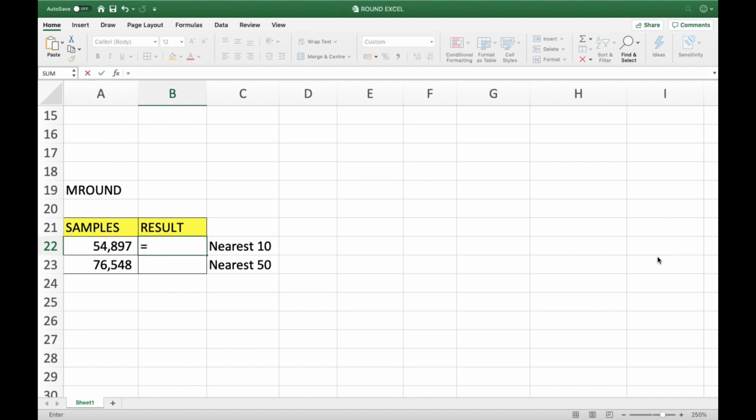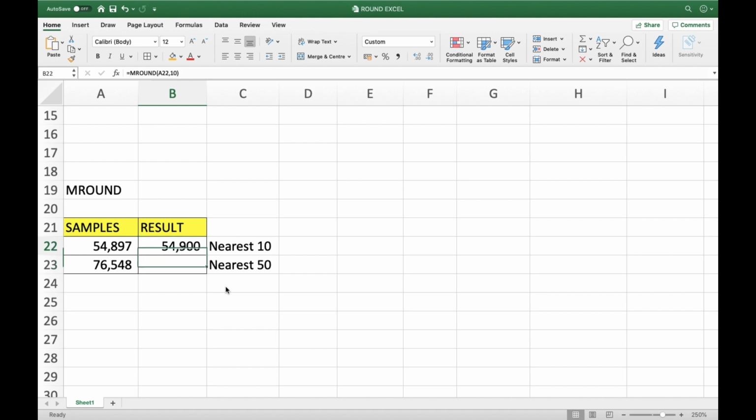I just simply say equal to MROUND, open bracket, the number, and where it says multiple, we should give the number to whatever nearest we want, 10. Okay, so the answer is 54,900.